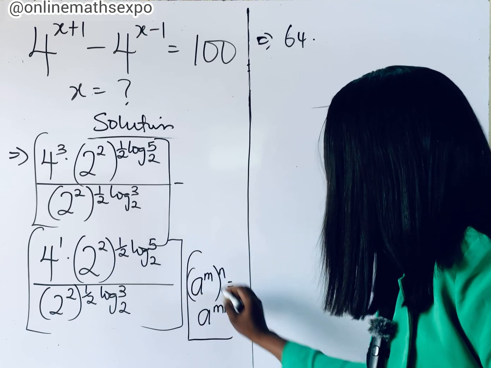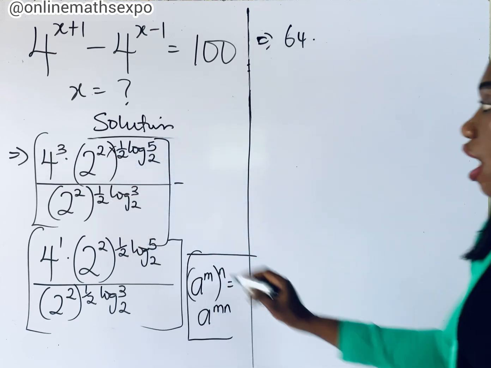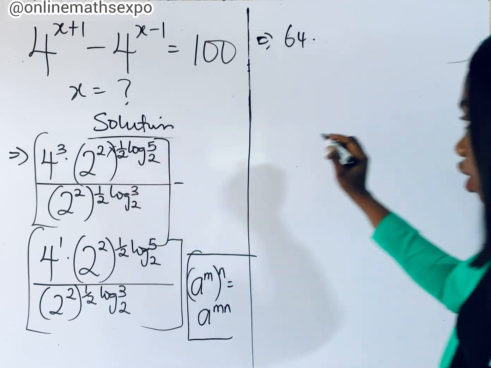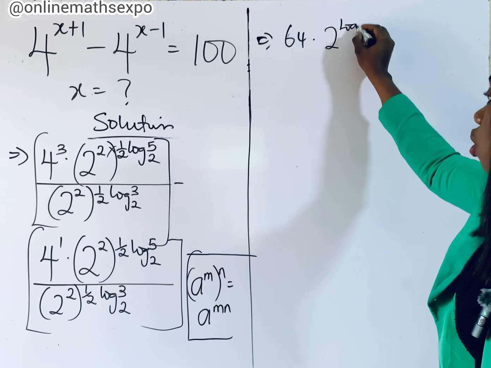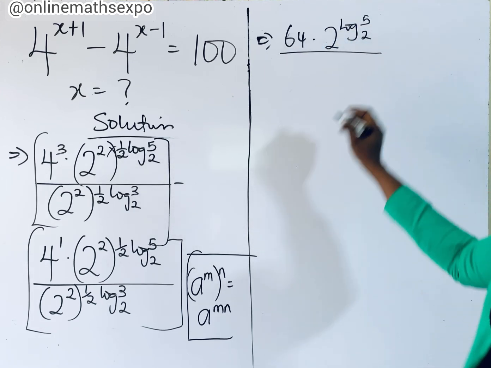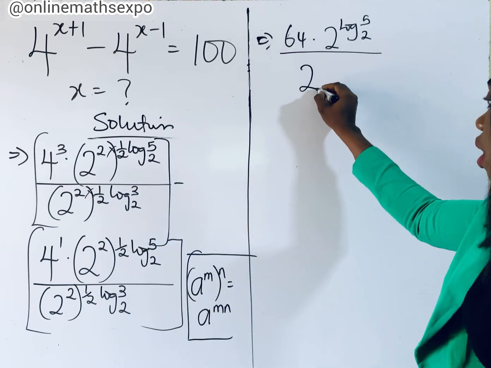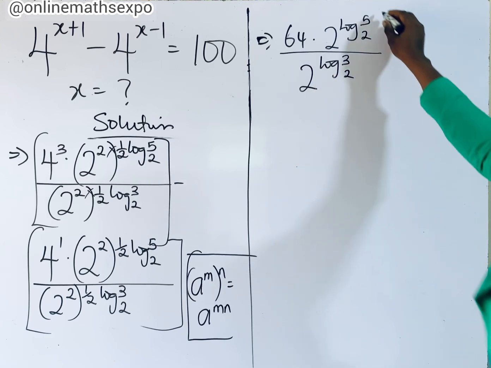This is one of the rules to apply here. So 2 multiplies half is 1, and 1 times this log is that log. So we have multiplied by 2 log 5 base 2. Interesting. It is divided by, this will also multiply, it gives us 1, so we have 2 to the power of log of 3 base 2.